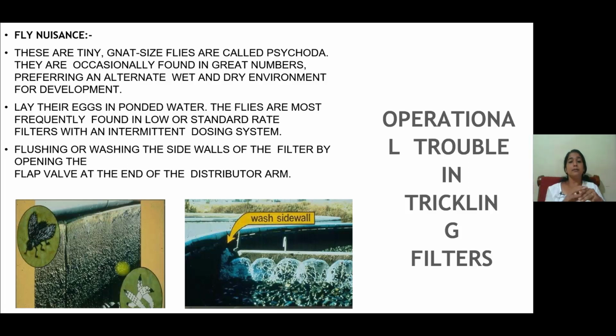They lay eggs in the ponding area, that is the water inside the filtration tank, and they will grow to a maximum in a very short time, and will create a nuisance throughout the operation of this trickling filter. In order to avoid this, we have to clean the sides of the filter tank using a washing system or scraping system.